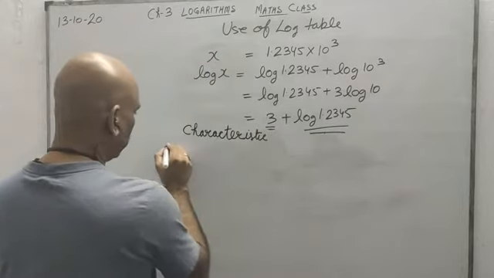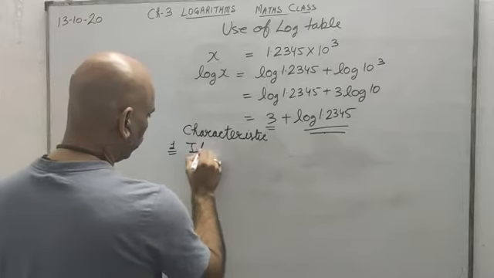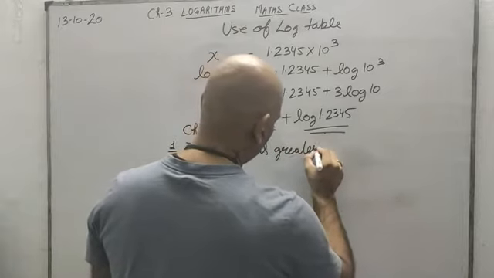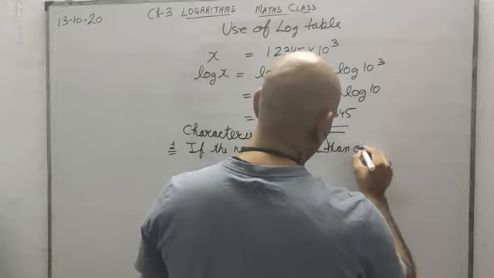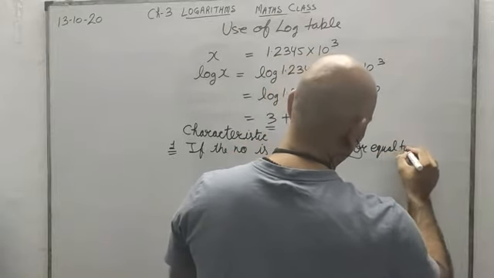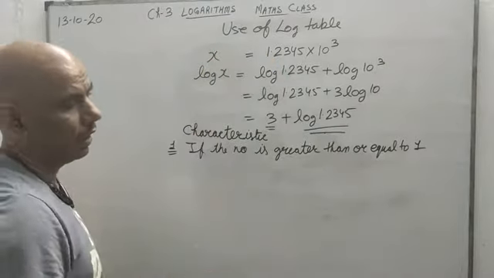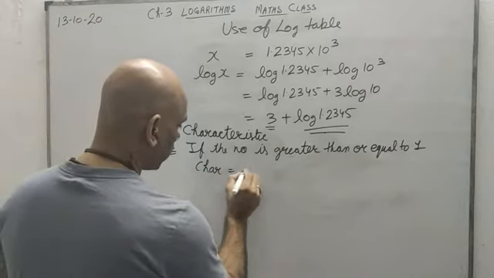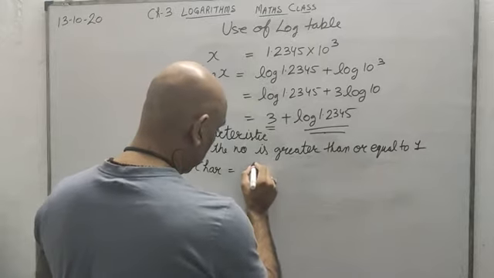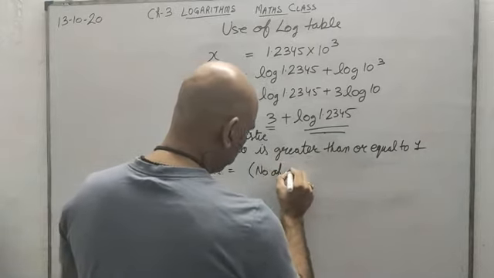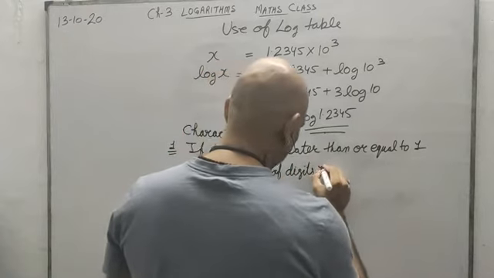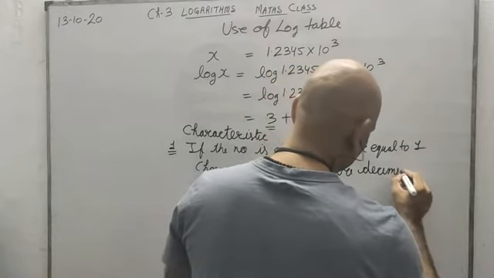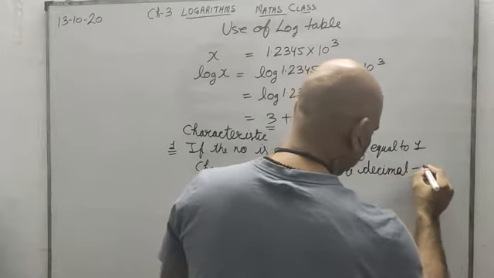For characteristic, there are two rules. The first one: if the number is greater than or equal to 1, then the characteristic will be calculated as the number of digits before the decimal minus 1.